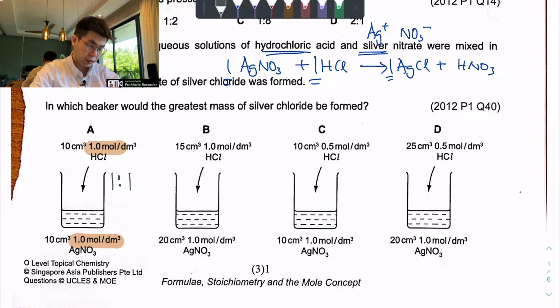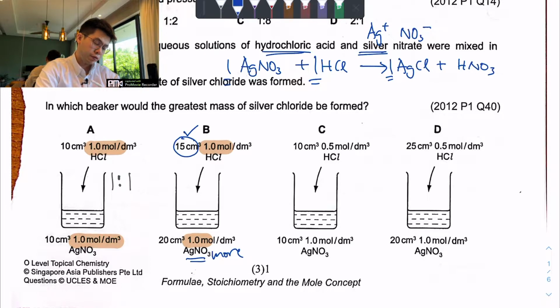The next one over here, we have both of the same concentration again. So that means we can compare the volumes. So now see, which one do I have more? I have more of the NO3. So if I have more of NO3, it means I have too much of NO3. So actually, how much AgCl would be affected by this one, right? For option A, it will be affected by either one. So it's 10 cm3.